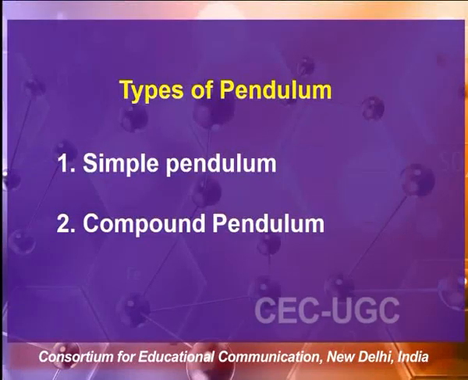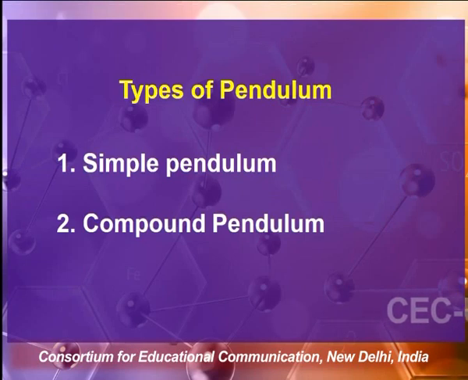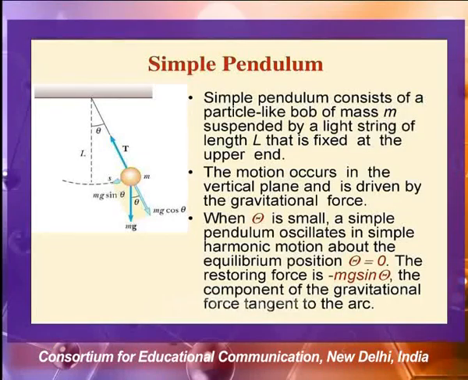Now we'll talk about the types of pendulum. We have two types of pendulum: the simple pendulum and the compound pendulum. So what is a simple pendulum? A simple pendulum consists of a particle-like bob of mass m suspended by a light string of length L that is fixed at the upper end, and the motion occurs in the vertical plane as driven by the gravitational force.